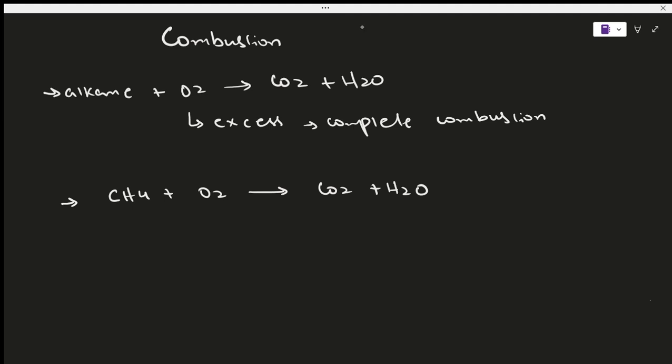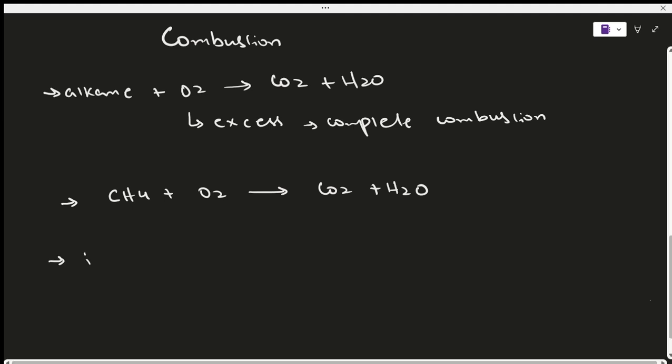Now let's talk about incomplete combustion. The only thing that you need to remember is that the products of this equation are going to be different. And what are those products going to be?